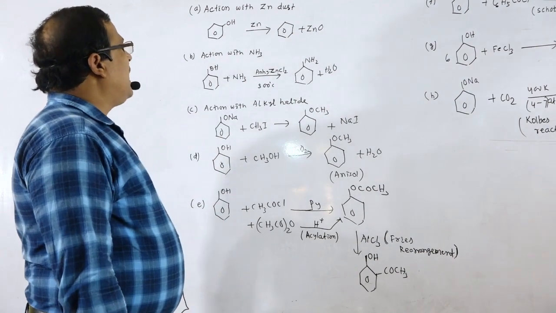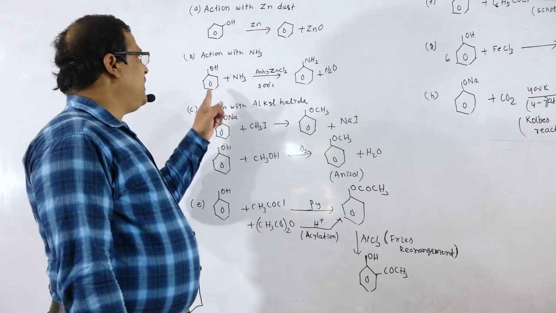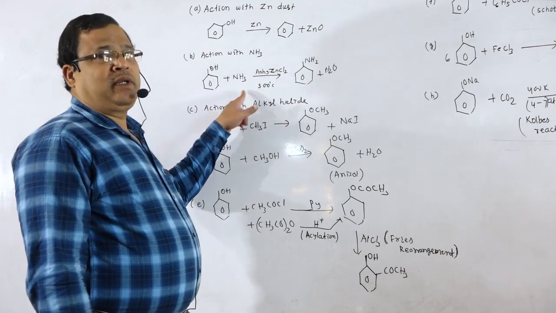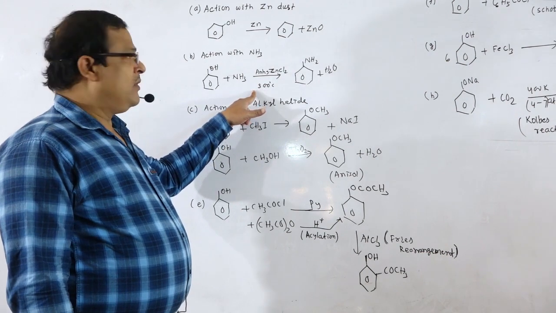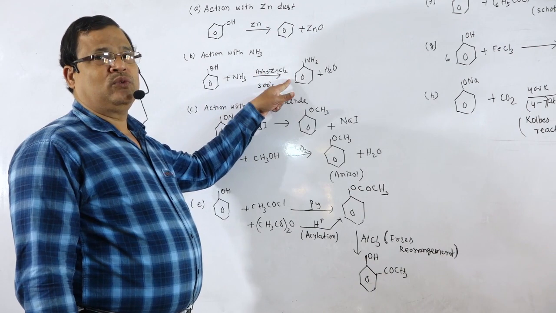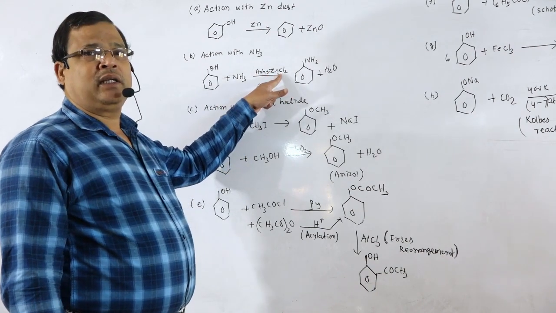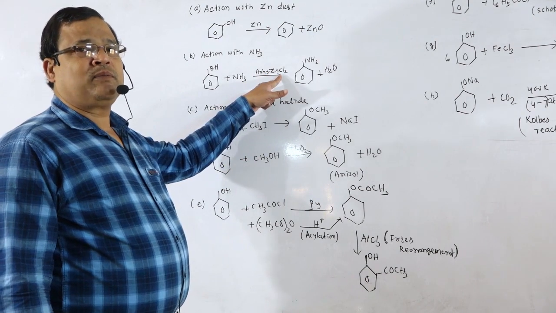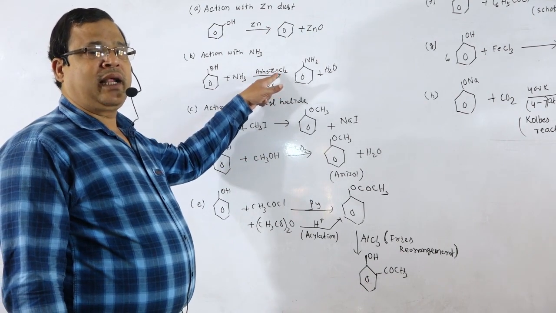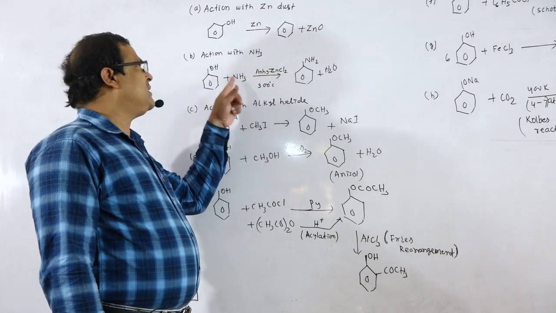Next one, action with ammonia. Phenol is treated with ammonia in the presence of anhydrous ZnCl2. Anhydrous ZnCl2 has the ability to remove water from the system.